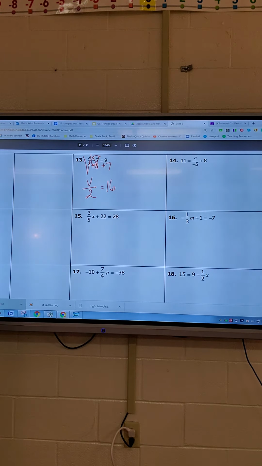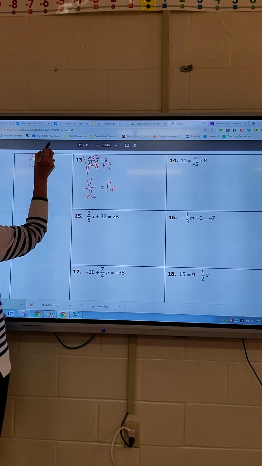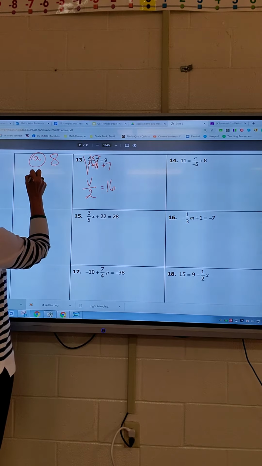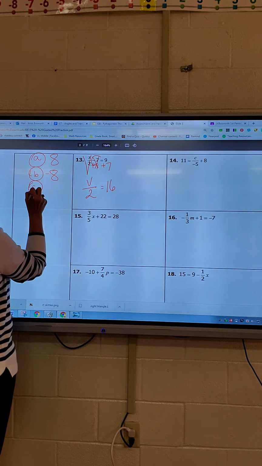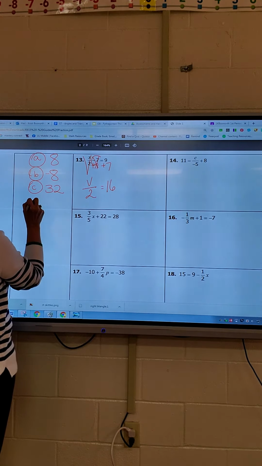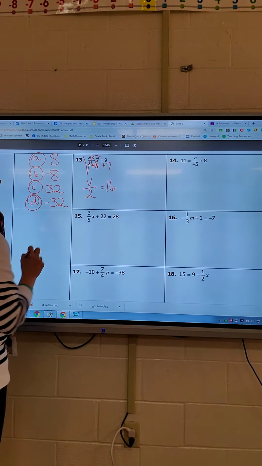Now let me tell you about a very common mistake right here. I can tell you right now, the answer choices for this problem, if it were multiple choice, will be or something similar to this. I'm just making those up.